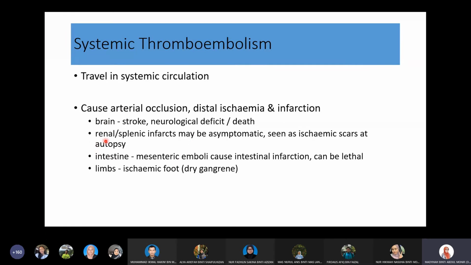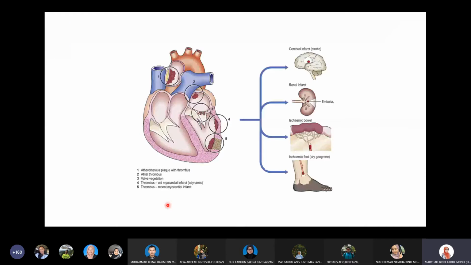It can cause renal or splenic infarct. It can go to the intestine, causing intestinal infarction, and it also goes to the limbs. As you can see, these are related to the previous topic that I discussed on arterial thrombosis, so it has similar outcomes.